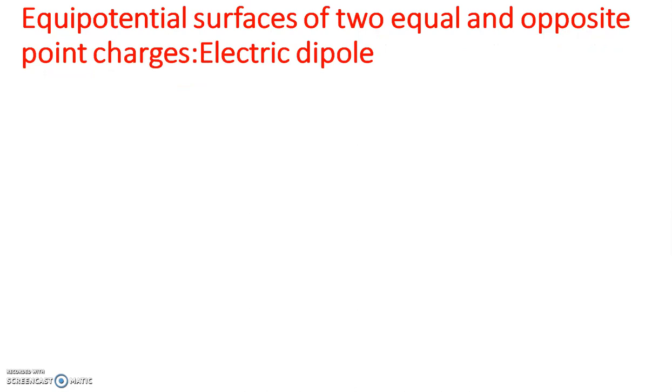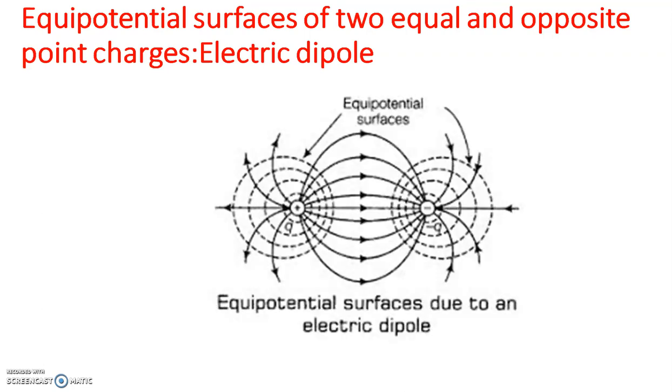Okay. And next one, equipotential surfaces of two equal and opposite point charges. Two equal and opposite point charges is nothing but an electric dipole. So in the case of electric dipole, what's the difference between this and the previous one?